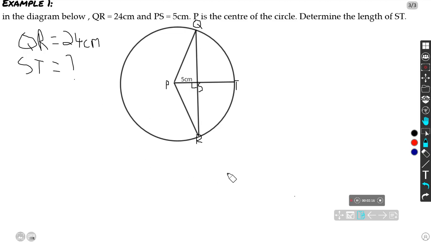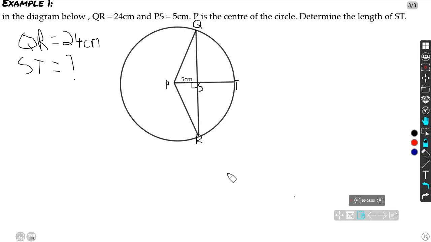Okay. Now, before you solve this, solve the diagram itself, right? So now what are we going to do here? We're going to apply the knowledge that we learned in the previous video. So it is important, guys, don't skip the previous video.